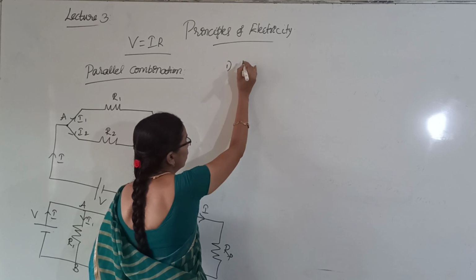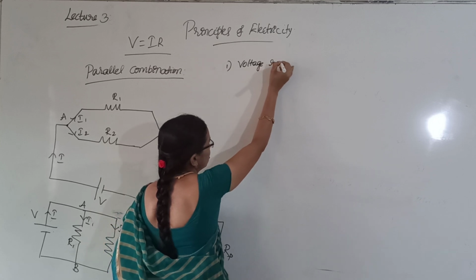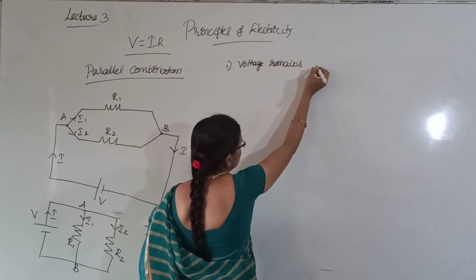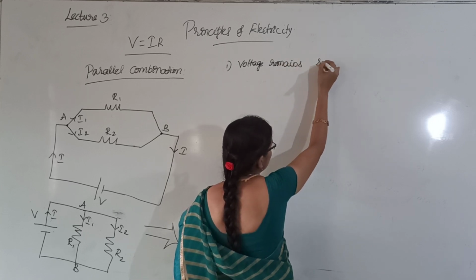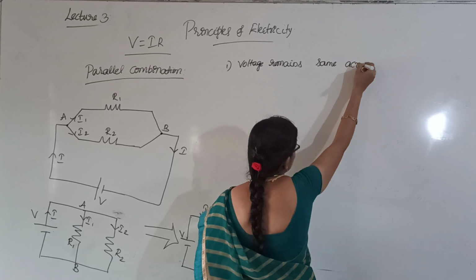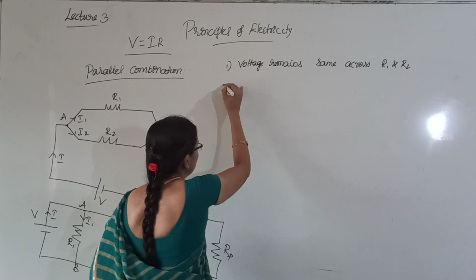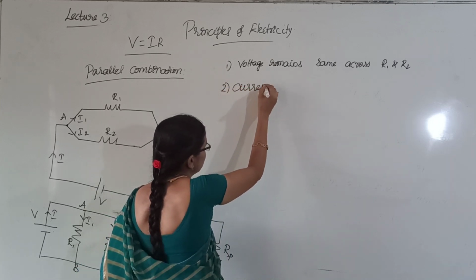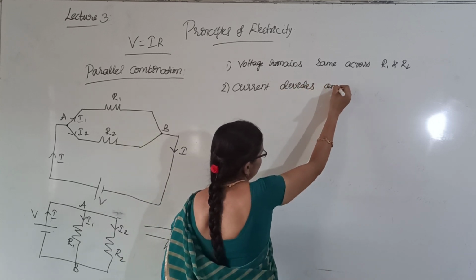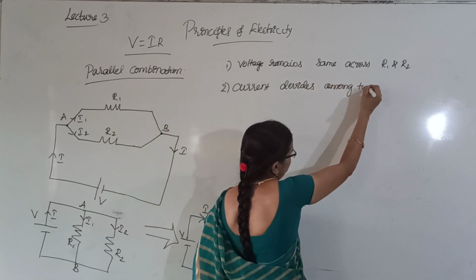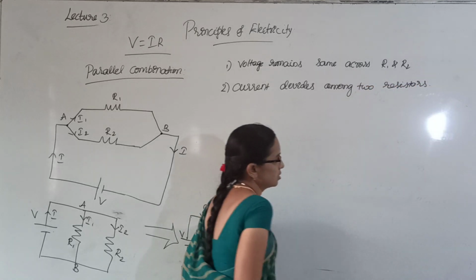So the voltage or potential difference remains the same across R1 and R2, or across the two resistors, whereas current divides among the two resistors depending on the value of resistance.